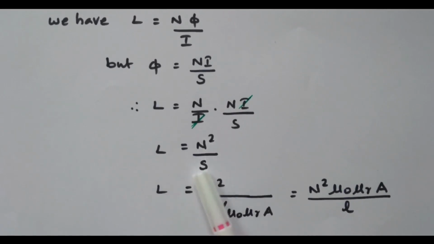One more formula: the reluctance S can be written as length divided by mu naught mu r into A. So these terms will go to the numerator, so that L equals N square mu naught mu r A divided by l. Now we'll substitute the values.